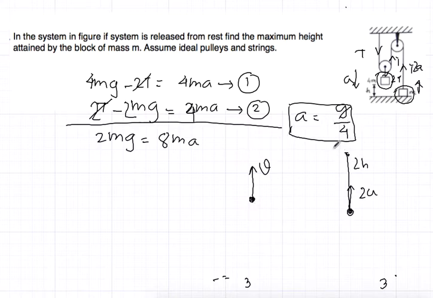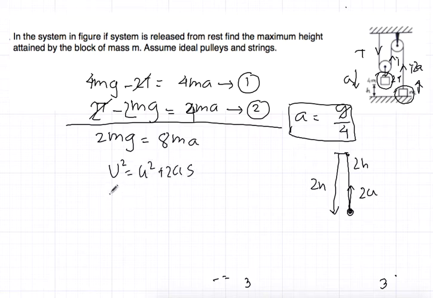So let me first find out the velocity when it covers distance 2h. Now we know the formula v square equals u square plus 2as. What is v square? I want to find out. What is u square? 0, because it started from rest. And what is the acceleration of this body? 2a, that means 2g by 4, that means g by 2.